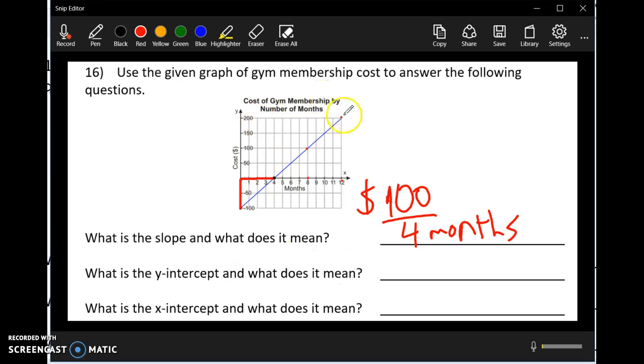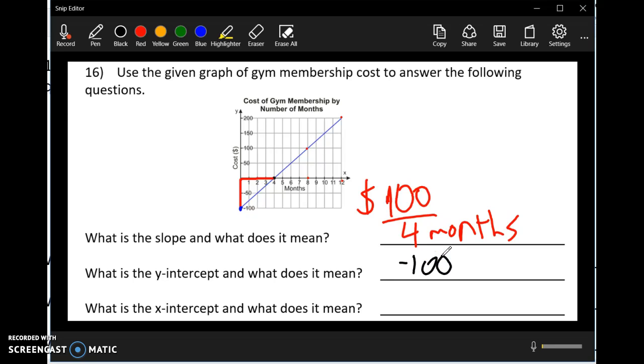And see what the y-intercept means. So the y-intercept is on the y-axis, so it'd be this point right here. And so when I look at that, it looks like my y-intercept is negative $100. Now you might go, what in the world does that mean?